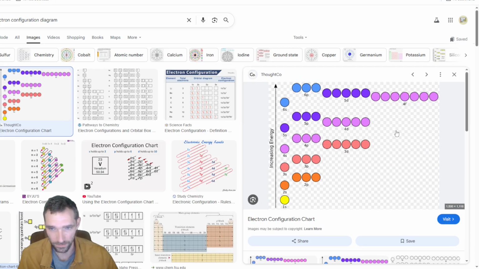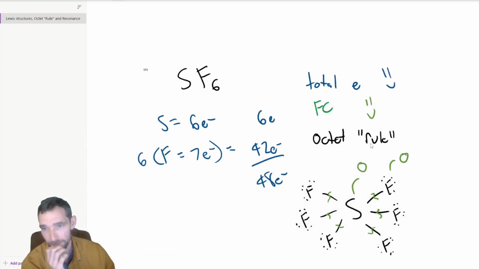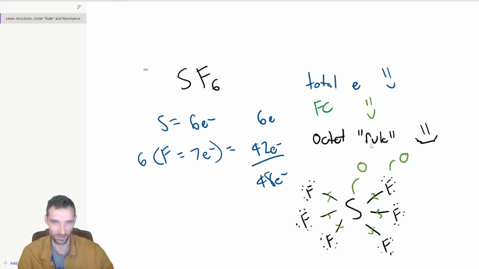So it's not really following the octet rule here, but it's following its own version of the octet rule, where it can actually use more if possible. That being said, silicon sometimes will only have 4 orbitals involved or 8 electrons around it, but not in this case. It worked out in this case.